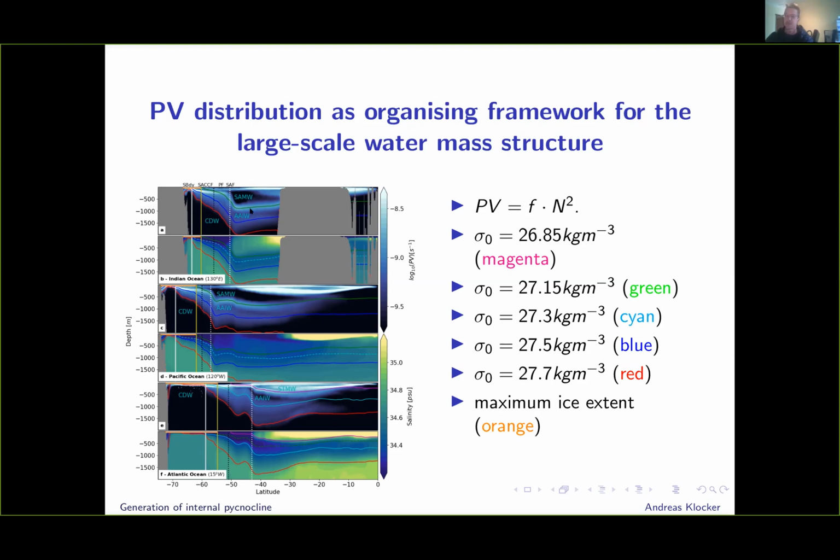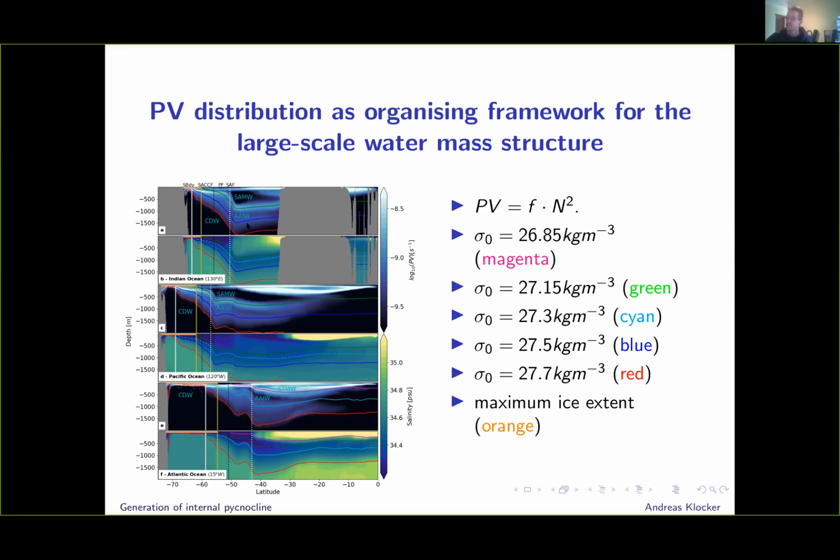Kind of similar but weaker, you see the Antarctic intermediate water below, and at depth, the circumpolar deep water with very low PV values. But in turn, the high PV sheets bounding the low PV layers define the fabric of the ocean's permanent pycnocline. So you see those really high, thin PV layers, which act as an interface between, for example, subantarctic mode water and Antarctic intermediate water, and Antarctic intermediate water and circumpolar deep water.